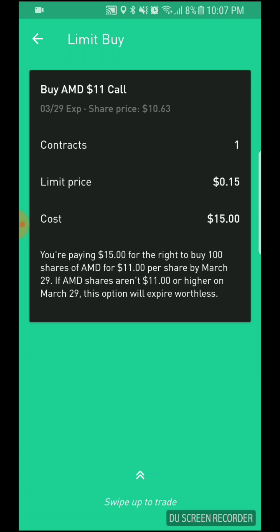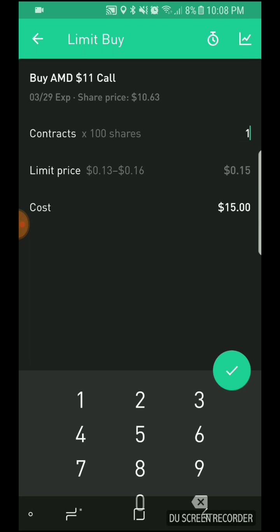And right here, it'll give you the basic description of what that means to you. So basically, you're paying $15 for the right to buy 100 shares of AMD for $11 per share by March 29th. If AMD shares aren't $11 or higher on March 29th, this option will expire worthless. Basically, it means that AMD needs to go above $11, and right here $11.15, in order for you to get your money back.